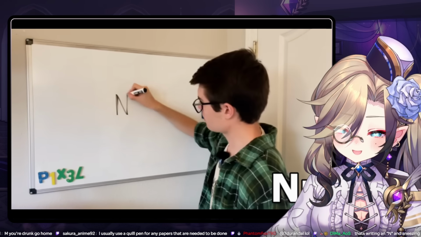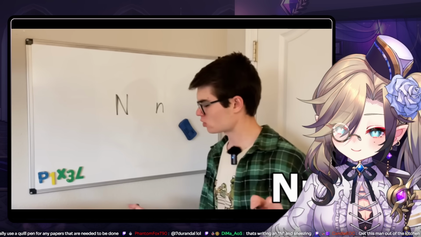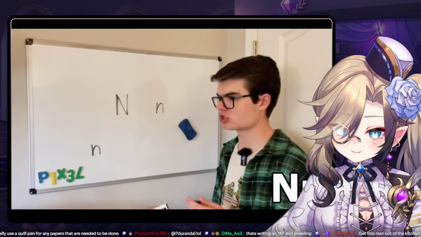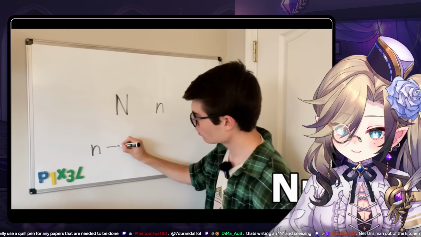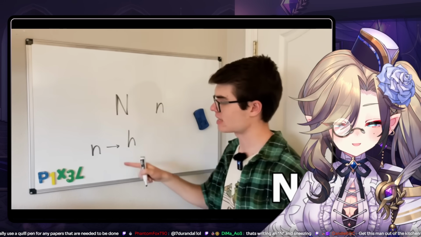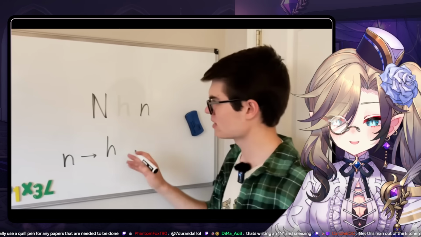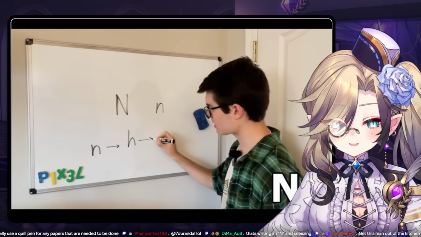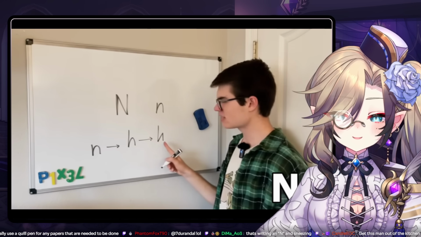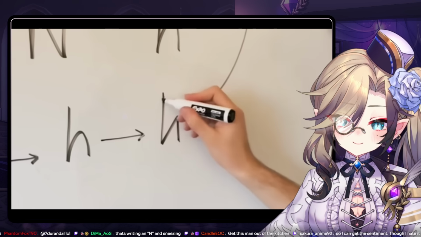N. Okay, hear me out on this one. Let's say we have lowercase n and we want to convert it to uppercase N by means of a slow step-by-step process. Step 1 would probably be to make this line longer, because then it would match uppercase N. However, that is just H, it's just the in-between phase. I'm not gonna make middle case N just H. The next step would probably be to sharpen this, because then it becomes that. But this still too closely resembles H. What if we raise this side and lower this side again?